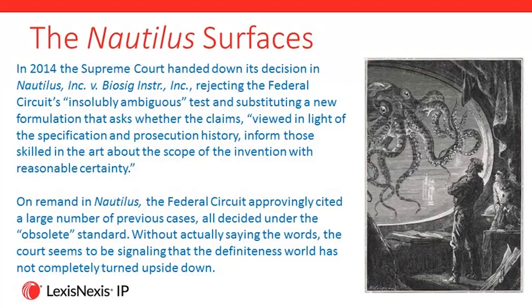And what they said was that here what you needed to do, and the important words are in the quote right there, viewed in the light of the specification and prosecution history, the claim has to inform those skilled in the art about the scope of the invention with reasonable certainty. So the key words there are reasonable certainty.